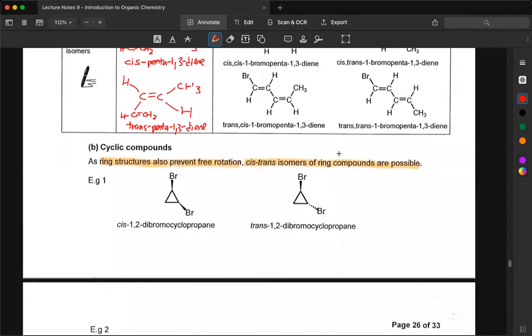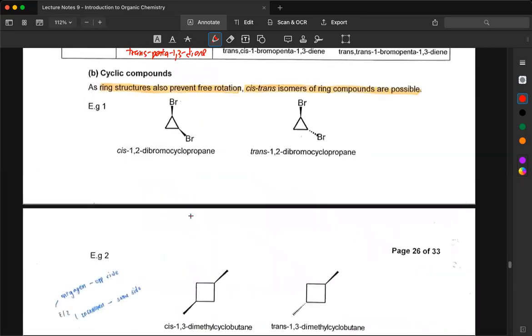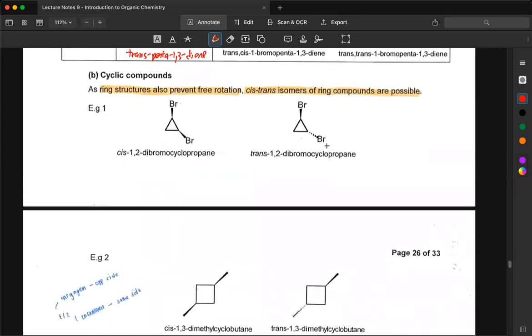For cyclic compounds, the ring structure also prevents free rotation. So cis-trans isomers of ring compounds are possible for ring structures. So you have cis and you have trans. This one is receding into the paper. This one is coming out of the paper.